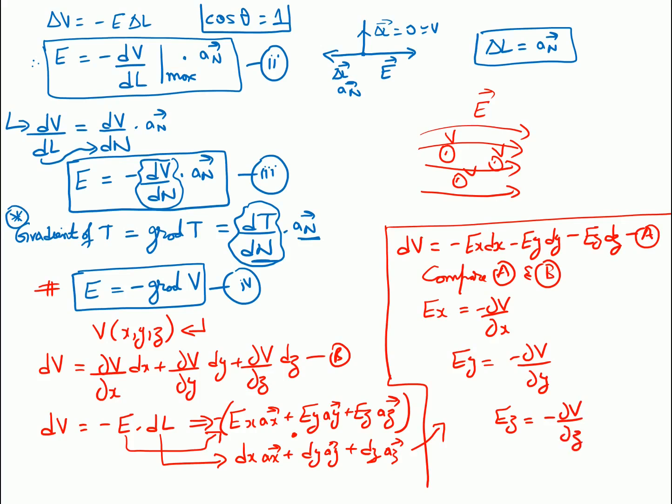Thus I can write a combined E field equation as minus partial derivative of V along x, a_x, plus partial derivative of V along y, a_y, plus partial derivative of V along z, a_z. This is the expression of the electric field which I get when comparing both the differential potentials, that is dV.